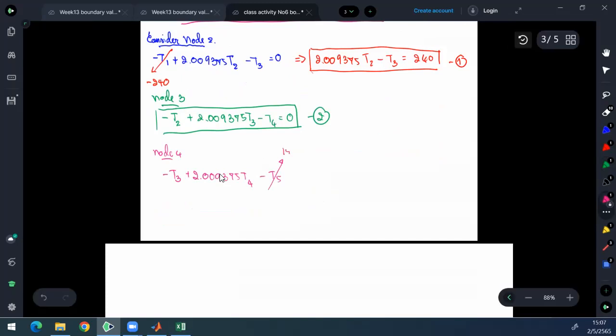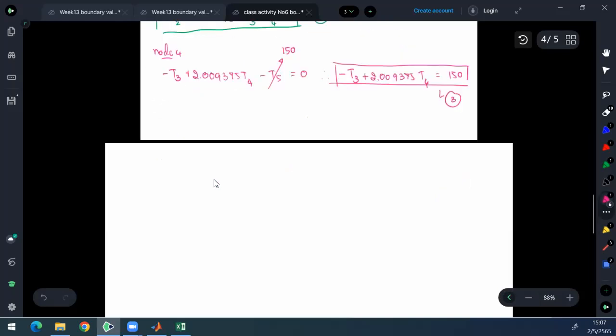We know that t5 is a boundary, which is 150. So we obtain the last equation, minus t3 plus 2.009375 t4 equal to 150. This is the third equation.